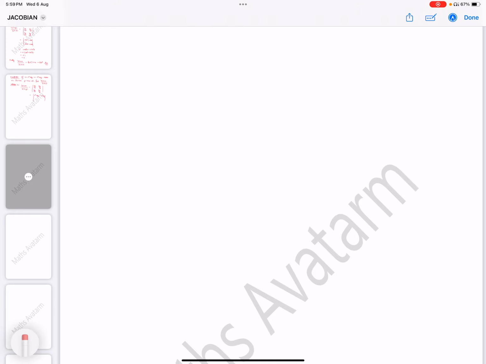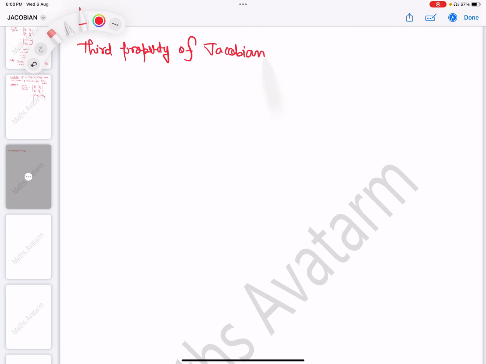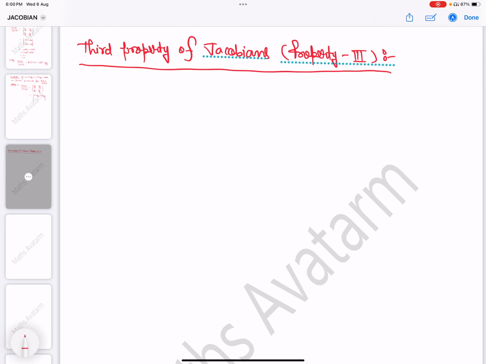Today we are going to see the third property of Jacobians.